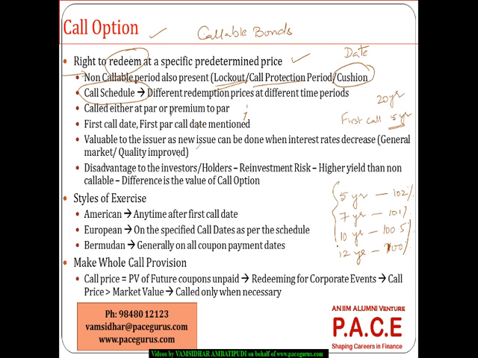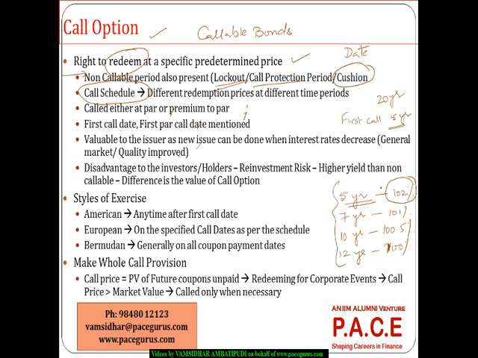This kind of specification, where it talks about the different time periods at which the company can call back the bond, and the price at which it can typically call back, is called a call schedule: different time periods, and the price at which it can be called back.